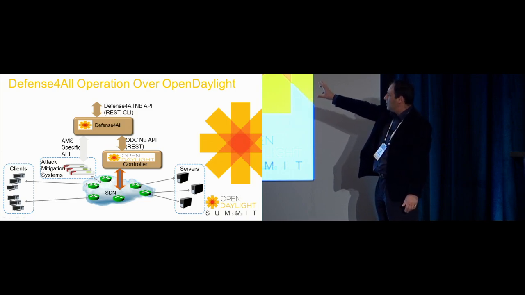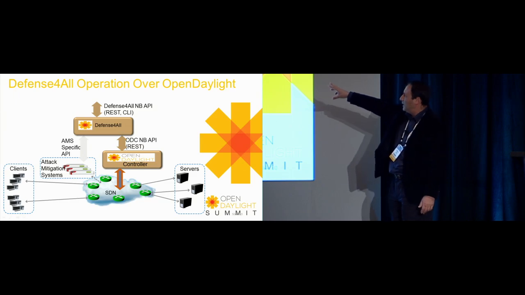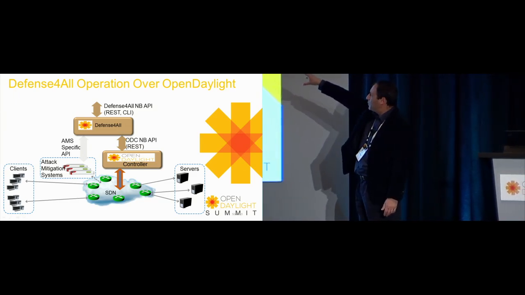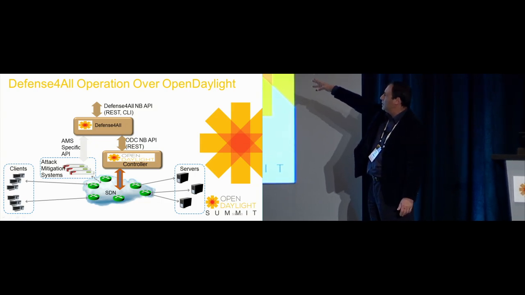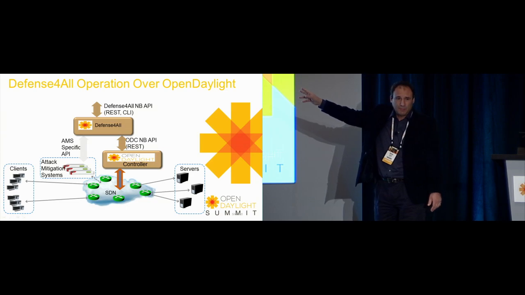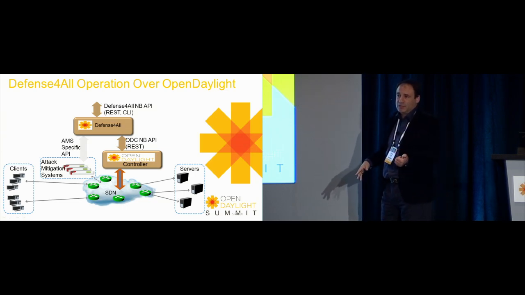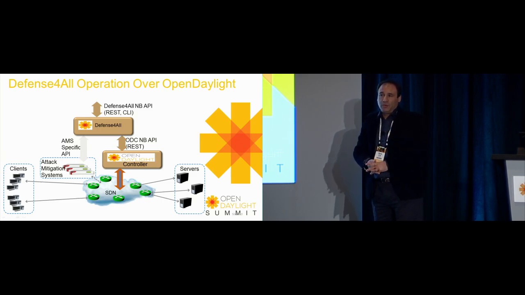That network is managed, controlled by the OpenDaylight controller. And then the Defense4All SDN application uses the northbound REST APIs into the controller to do several things, such as install counters and perform traffic redirections.